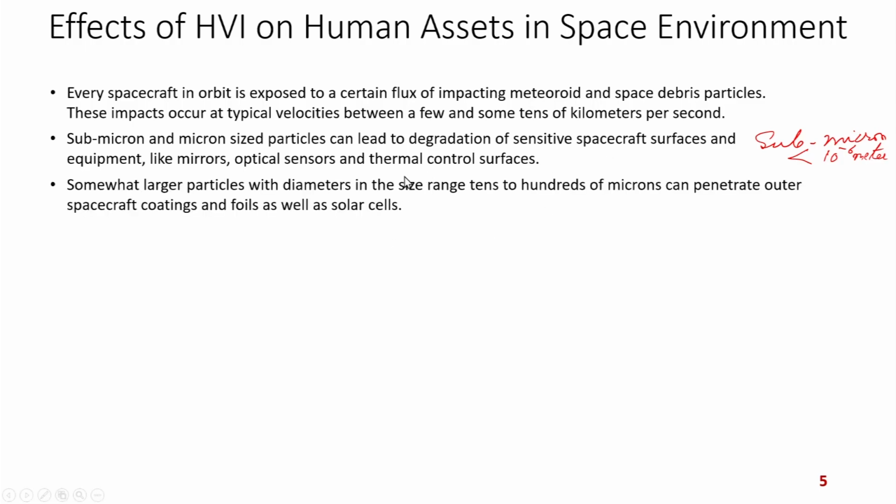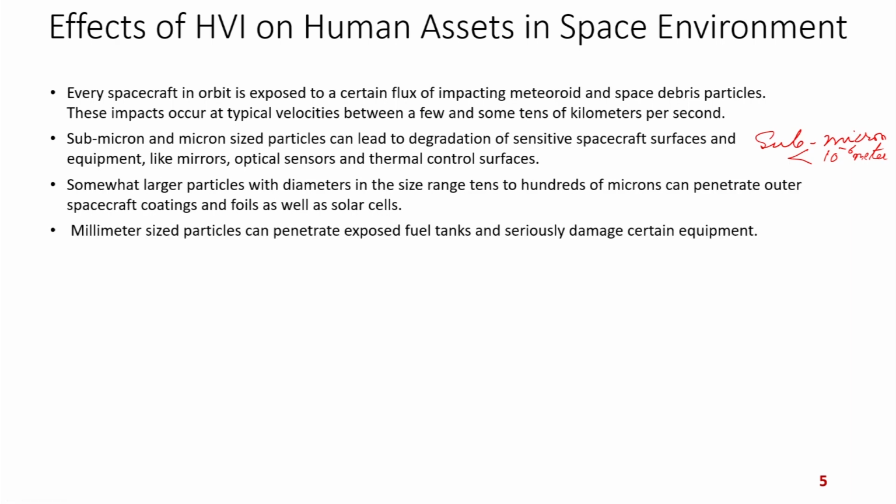Somewhat larger particles, with diameters in the range of tens to 100 microns, where 100 microns means 0.1 millimeter, can penetrate the outer surface coatings, the foils, as well as the solar cells.